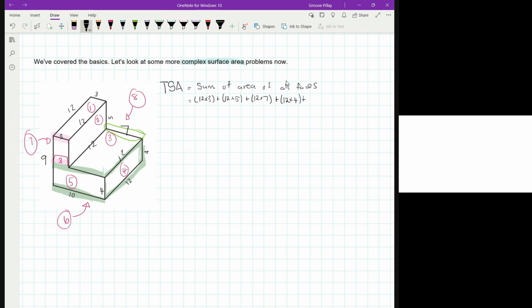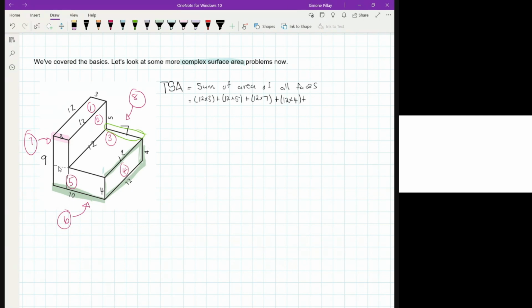Face number 5 we have to break up into 2 parts, because I can't calculate this by itself. It's 2 rectangles, so I have to break it up. You could break it up either which way. You could break it up like that, or you could break it up like this.